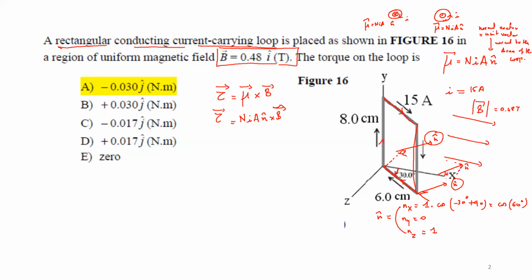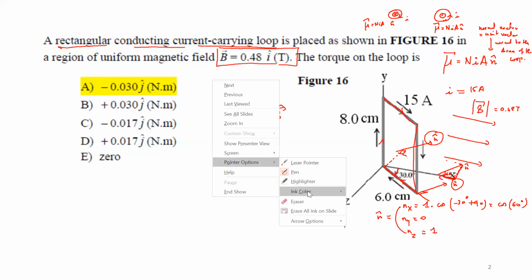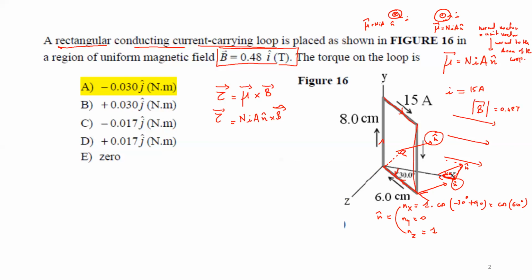So if this is 60 degrees, of course, this is my nx. As I discussed, this is nx, this is 60 degrees, and this is nz. Ny is 0.